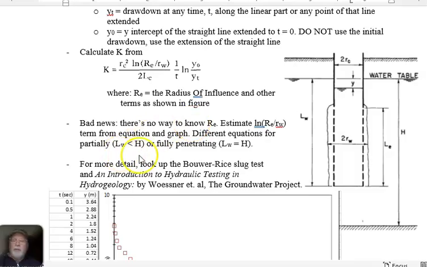A partially penetrating well is one where your well Lw does not go all the way down to the bottom of the aquifer. We're going to do an example where it's fully penetrating, so Lw goes all the way down there. Partially penetrating is Lw less than H, where H is from the water table down to the bedrock. Fully penetrating is Lw equals H. So you can look those up in various places.